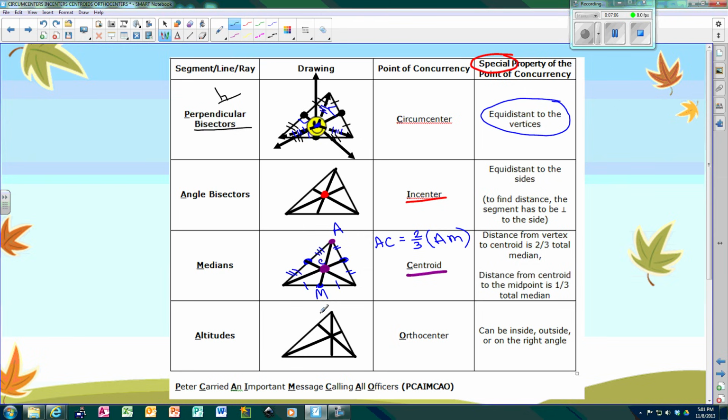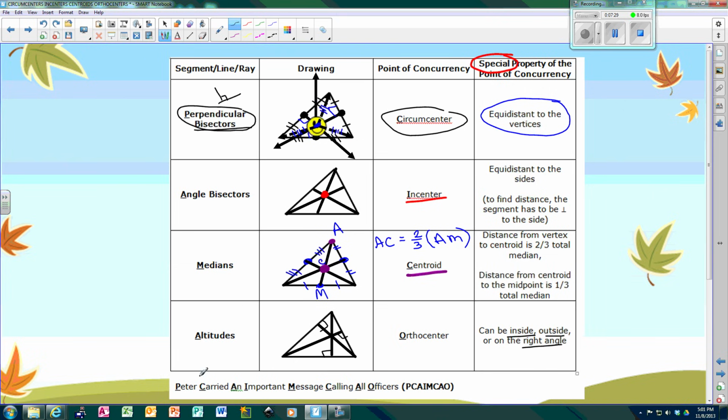All you do is you go to the corner and straight down, and it has to be perpendicular. So you have to make sure that you put the mark that says that it's perpendicular. And the cool thing about it is it can be inside or outside, or it might even be on the right triangle. So now you have to remember which one of these points goes with which set of lines.